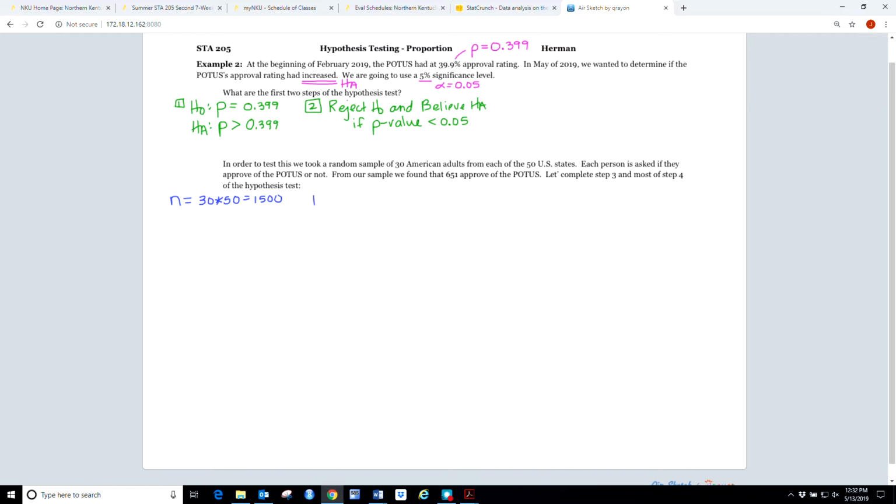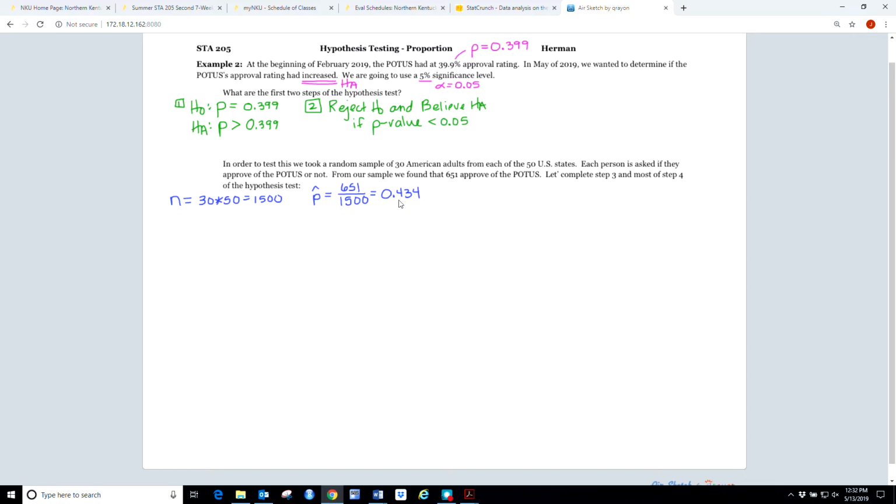I should also know what my p-hat was. So what proportion of my sample approved of the president? Well, that would be our 651 out of those 1,500 people that we sampled, which gives us a p-hat of 0.434.